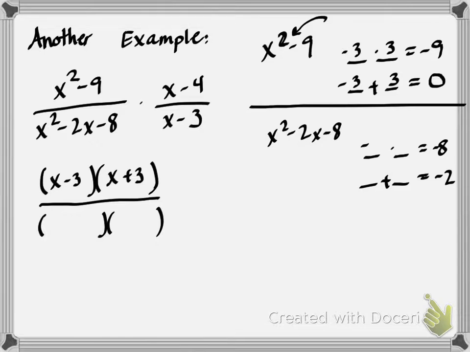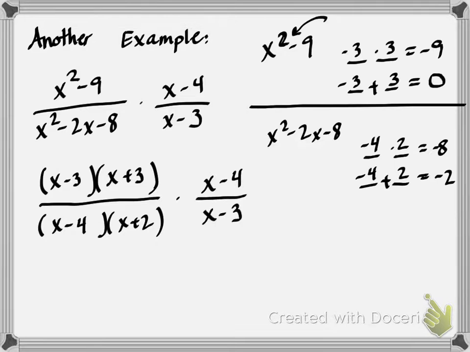So if you paused and tried to figure that out, you should have gotten negative 4 and positive 2 as your answers. And so we would go x minus 4 on here and x plus 2. And then we also have this over here, the x minus 4 and x minus 3. Remember, these are their own parentheses.